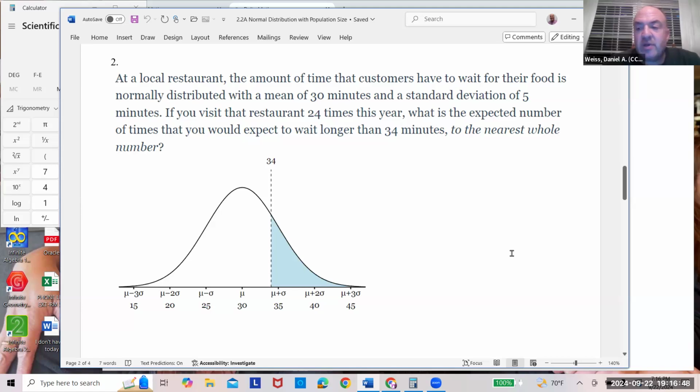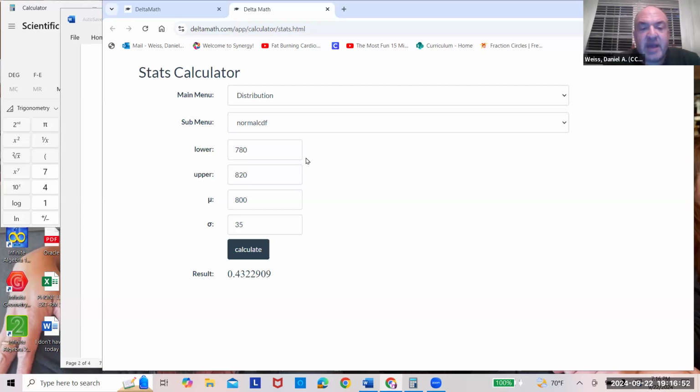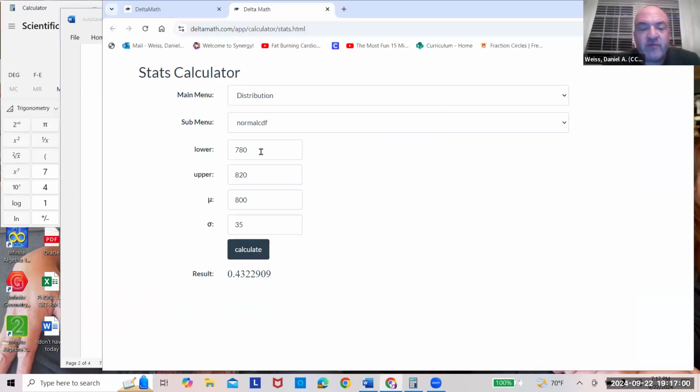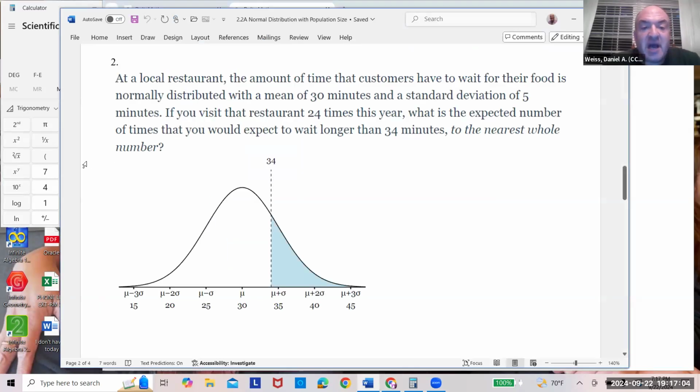So here's what we're going to do. We're going to still use this same calculator, but this time the lower number is 34. Okay, so we're going to put 34 in for the lower number. Well, what's the upper number? We don't have an upper number.